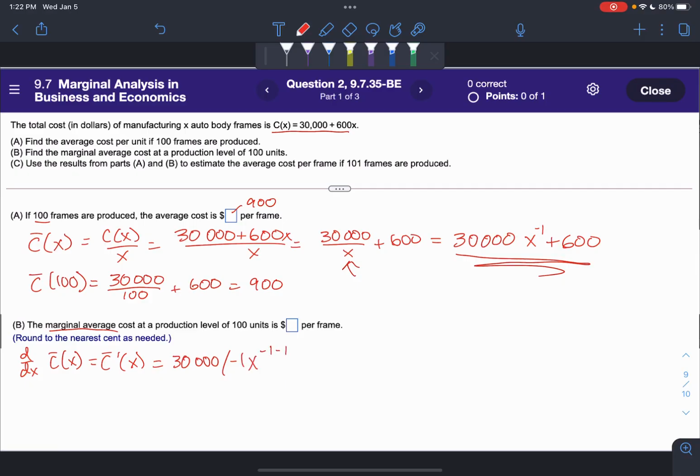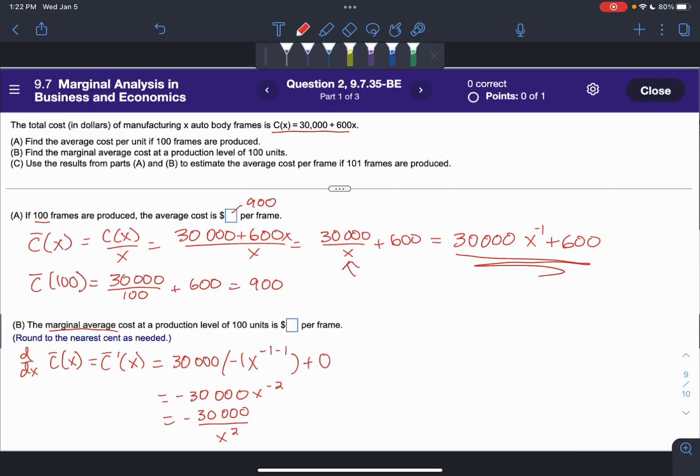Just be careful with those negative exponents. And then the derivative of 600 is just 0. So your marginal average cost should be negative 30,000 x to the minus 2. Or you could also rewrite it this way if you like a positive power better.